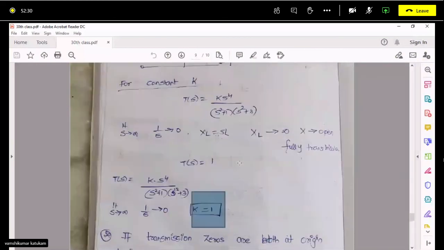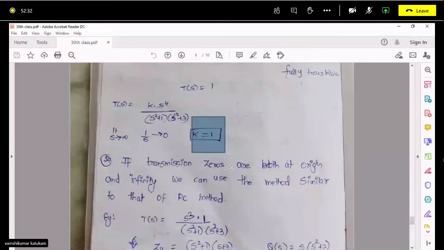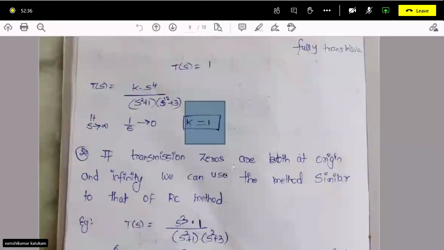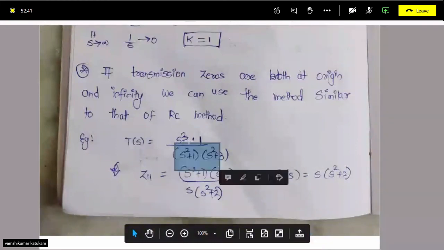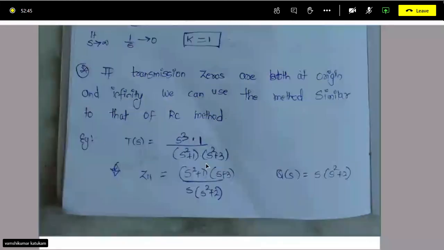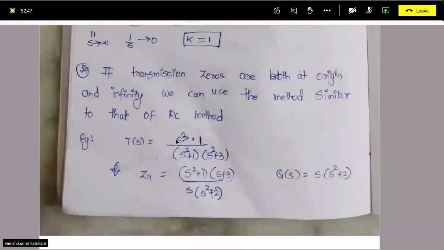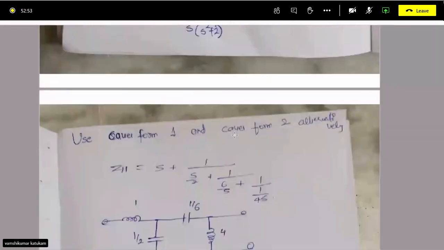And next, what is one more case possible? We can have some zeros at infinity, because the denominator degree is S to the power 4, but the transfer function given is S cube only. There is one zero possible at infinity. In that case, just like the same, use Cauer form 1 and Cauer form 2 alternatively.